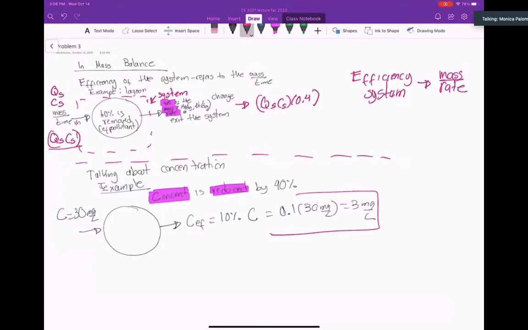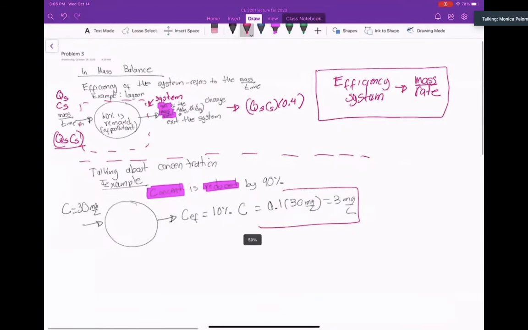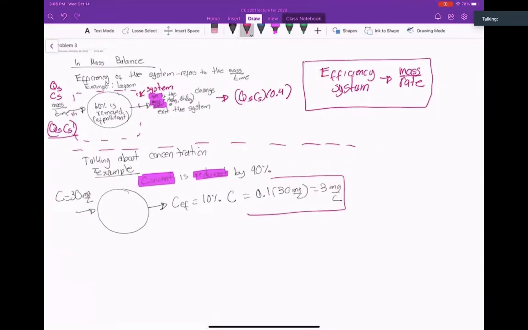This is very important. Always keep this in mind, because the efficiency of the system is often confused with, oh, the concentration is 30, so I just have to reduce it by the efficiency. No. If it is efficiency, it is the whole thing, treating the water and the concentration together. All right. Any questions?